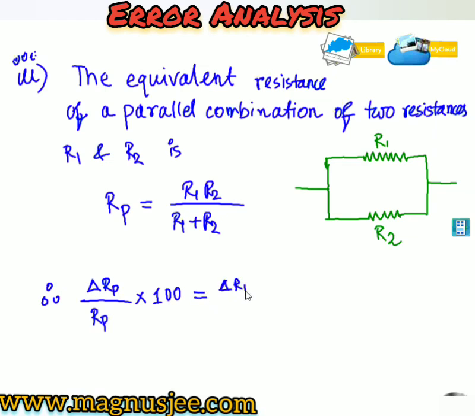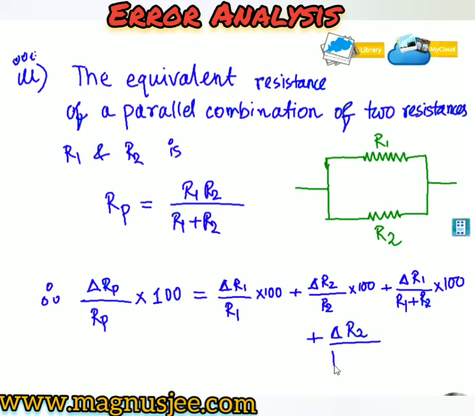That is the percentage error in the measurement of equivalent resistance, equal to delta R1 by R1 into 100 plus delta R2 by R2 into 100 plus delta R1 divided by R1 plus R2 into 100 plus delta R2 divided by R1 plus R2 into 100. The last two terms come from the term R1 plus R2. That is an important concept.